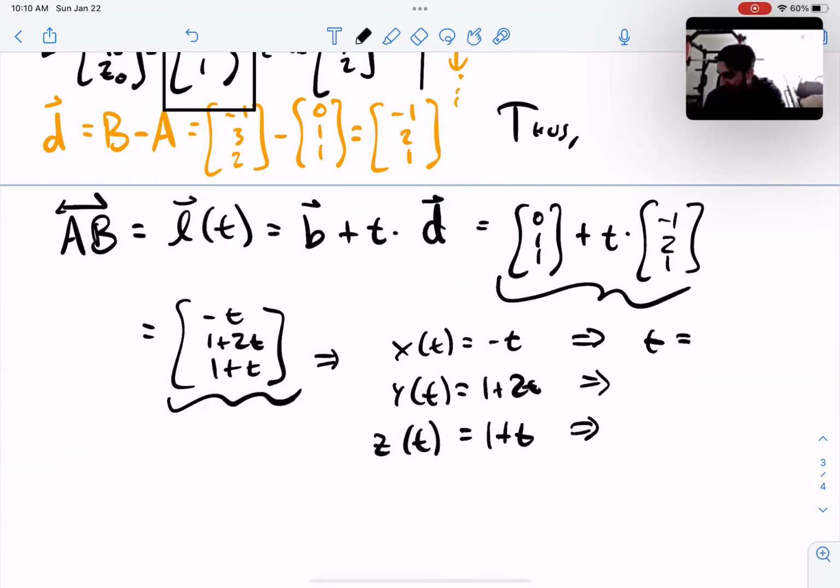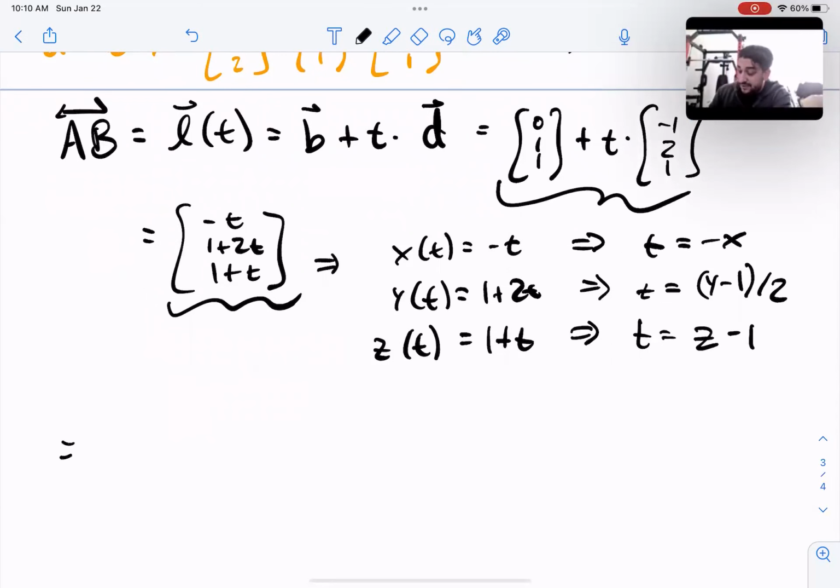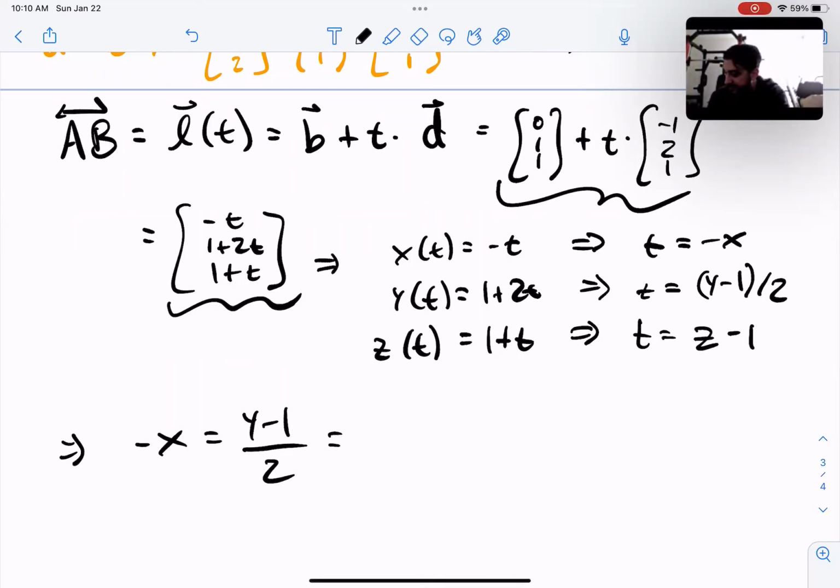So t is negative x in the first equation, t is y minus 1 over 2 in the second equation, and t is z minus 1 in the third equation. And now equate those all to each other to get the symmetric form. So negative x equals y minus 1 over 2 equals z minus 1.